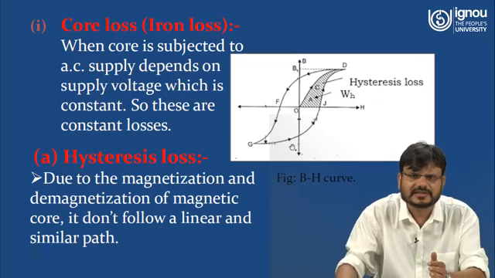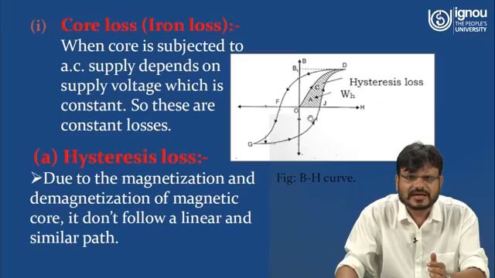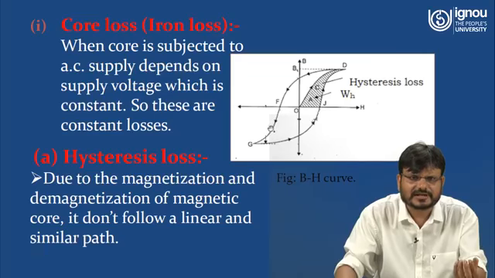Here you can see the variation between B and H. As H changes, B goes from O to D. Now suppose you decrease the value of H, the path follows D and F. Again suppose H decreases in the negative direction, the flux density follows this path.